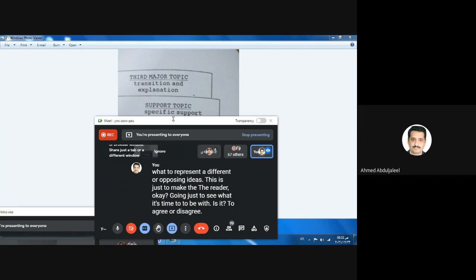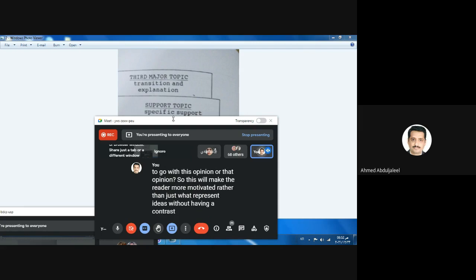So when you represent contrast, you make readers more motivated just to have a stand. Am I going to go with this opinion or that opinion? This will make the reader more motivated rather than just representing ideas without contrast.